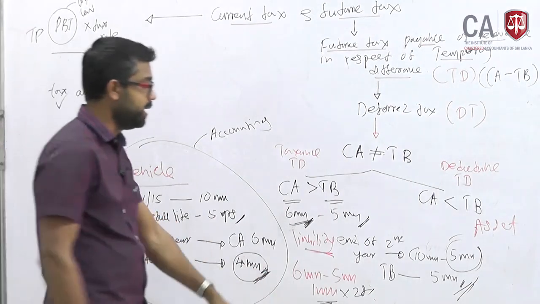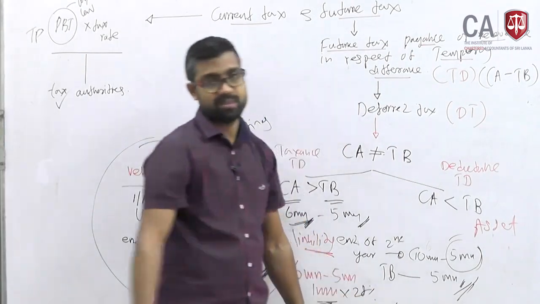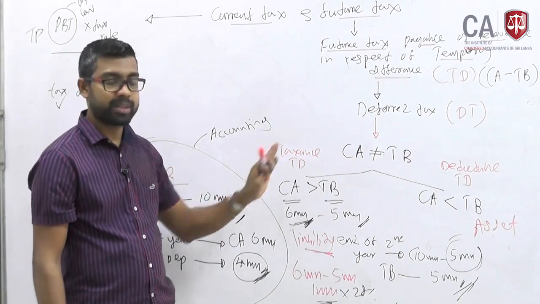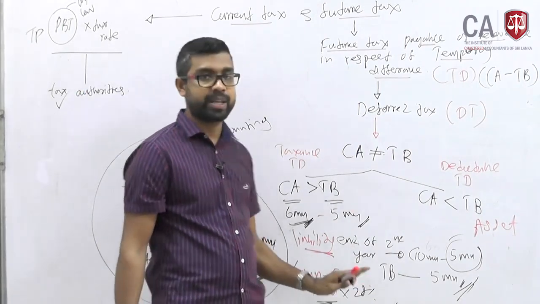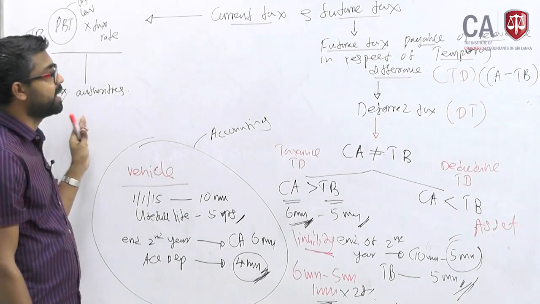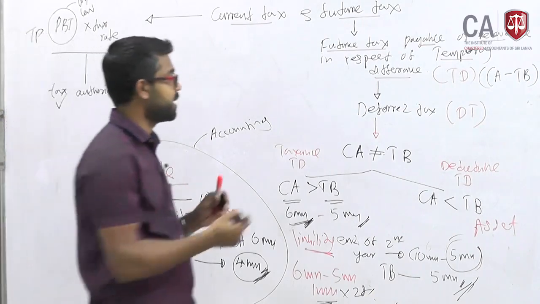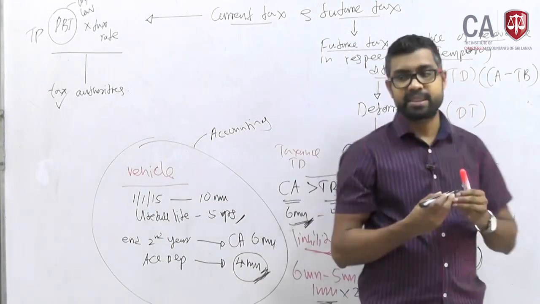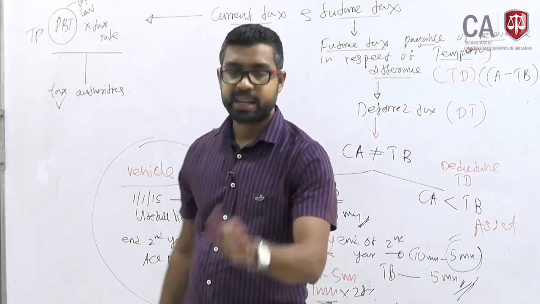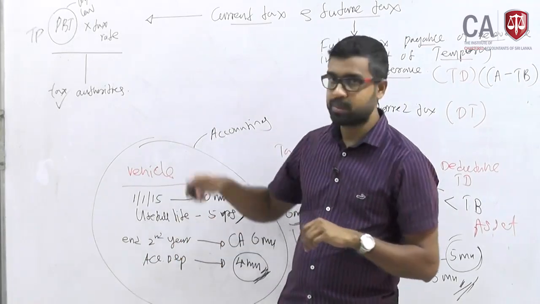This is only an accounting adjustment, not a payment to inland revenue. Only current tax will be paid to inland revenue. Fine. It is important to understand this also, that's why I explain, but the examiner will not touch on that in detail. Don't worry, but current tax is important.